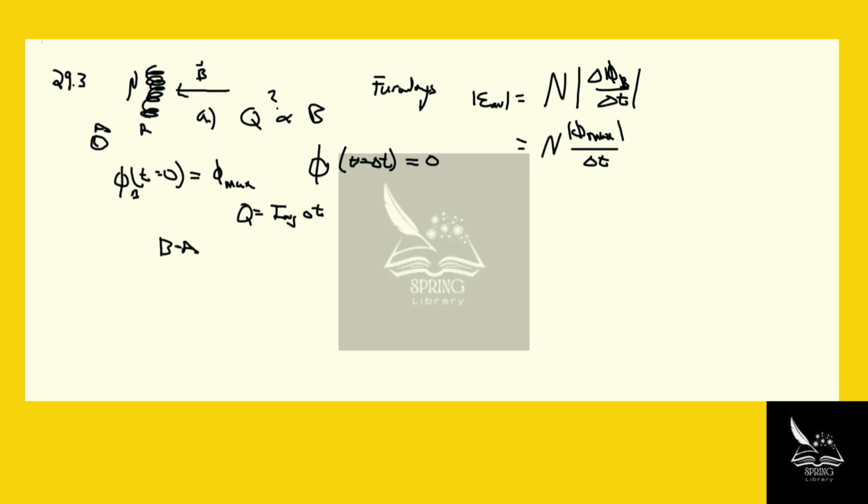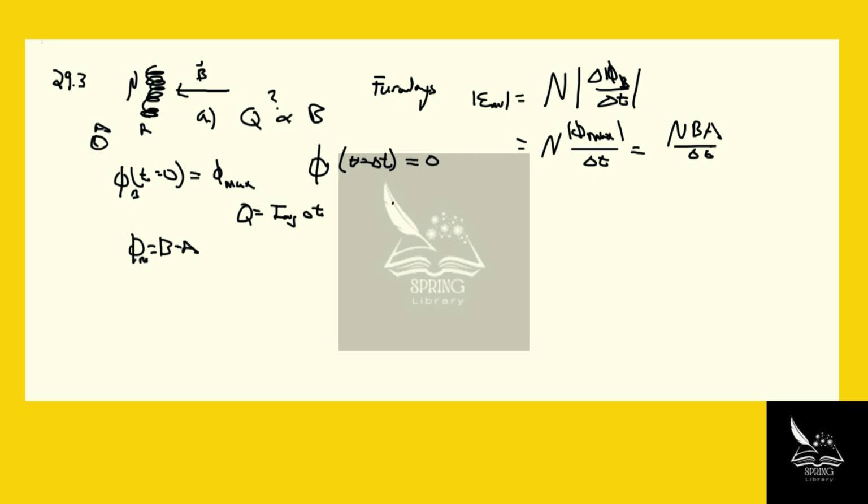So this phi max is B times A, and we can write our average EMF as N times B A over delta t. Perfect. So now we know the average EMF induced, and to get the average current from that EMF, we just use Ohm's law.